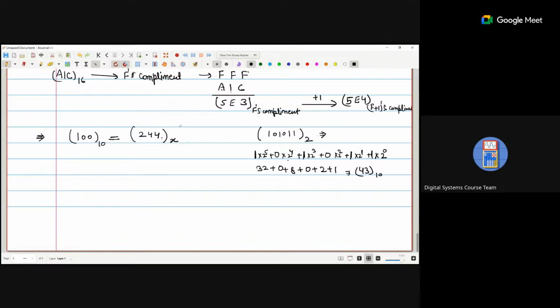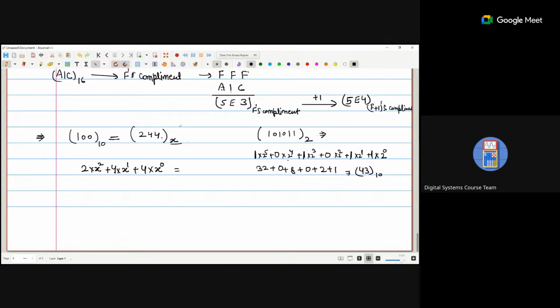Now here, if base x is given, what should I do? I have to multiply with the weighted base. So 4, 4, 2: multiply with x raised to power 0, plus x raised to power 1, plus x raised to power 2.